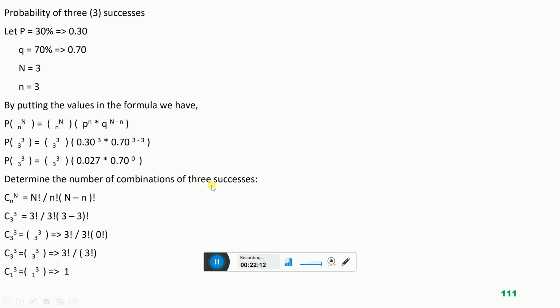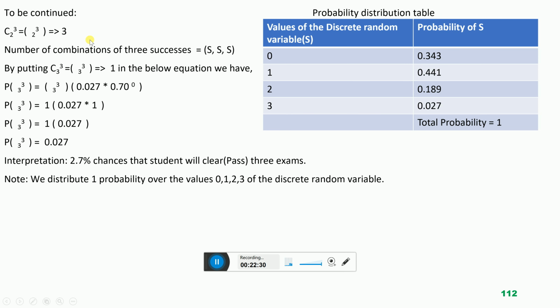Now the number of combinations of 3 successes, we will use the counting rule for combination. How many? One. The number of combinations where the student passes all exams is 1. This is not 3, sorry, this was wrong.